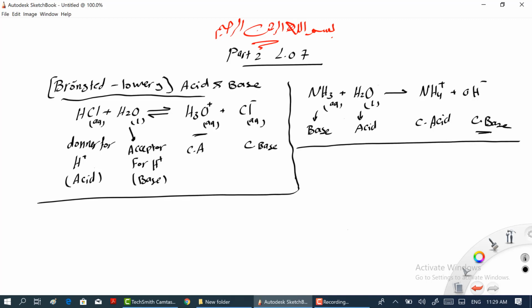If we move toward the buffer, what is meant by a buffer solution?